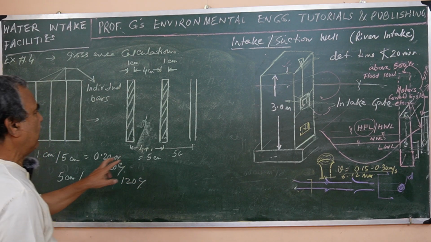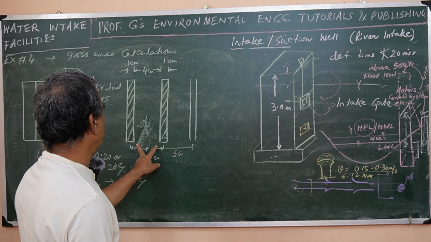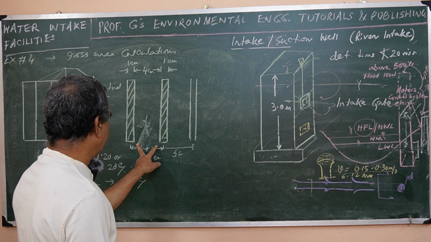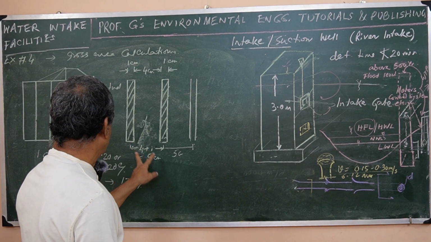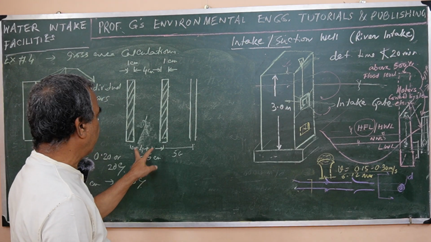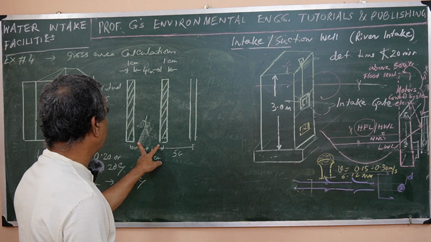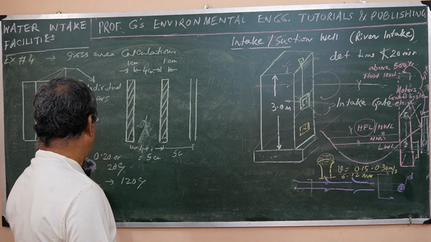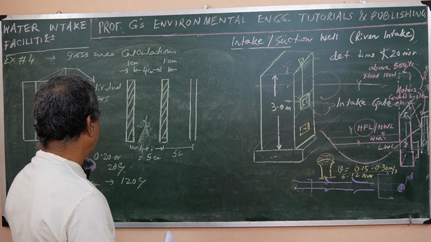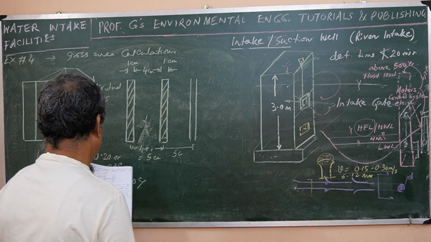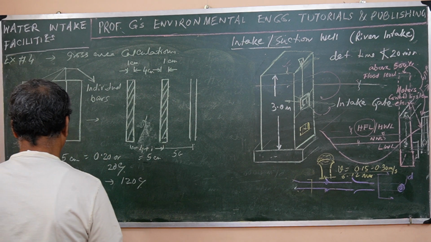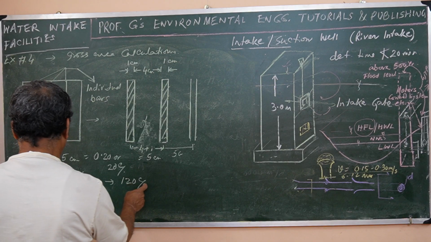That means what we calculated earlier in the last problem, example 3, was the opening area. We have to increase that area by 20% to get the gross area from the opening area.